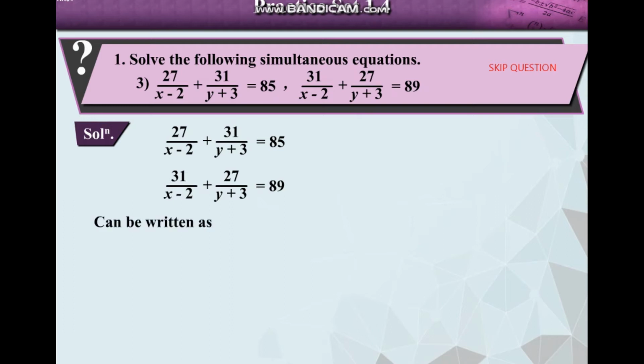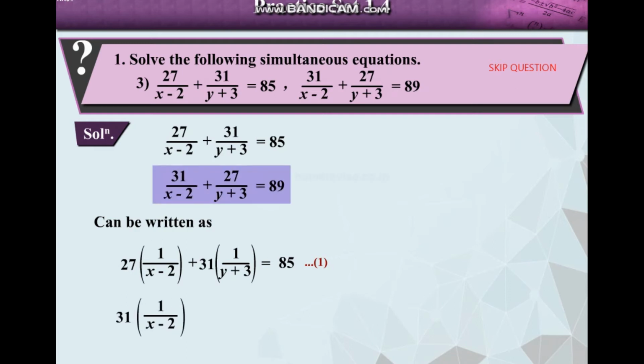Can be written as 27 multiplied by 1 upon x minus 2 plus 31 multiplied by 1 upon y plus 3 is equal to 85. Equation 1. 31 multiplied by 1 upon x minus 2 plus 27 multiplied by 1 upon y plus 3 is equal to 89. Equation 2.